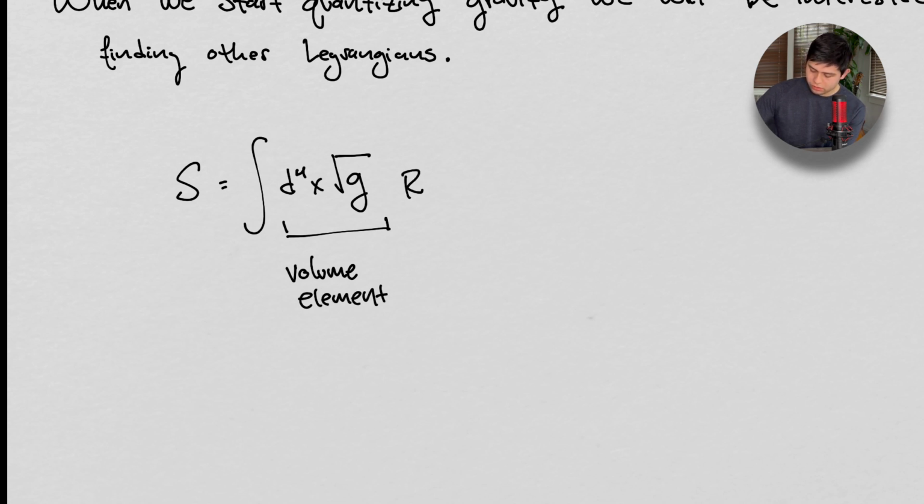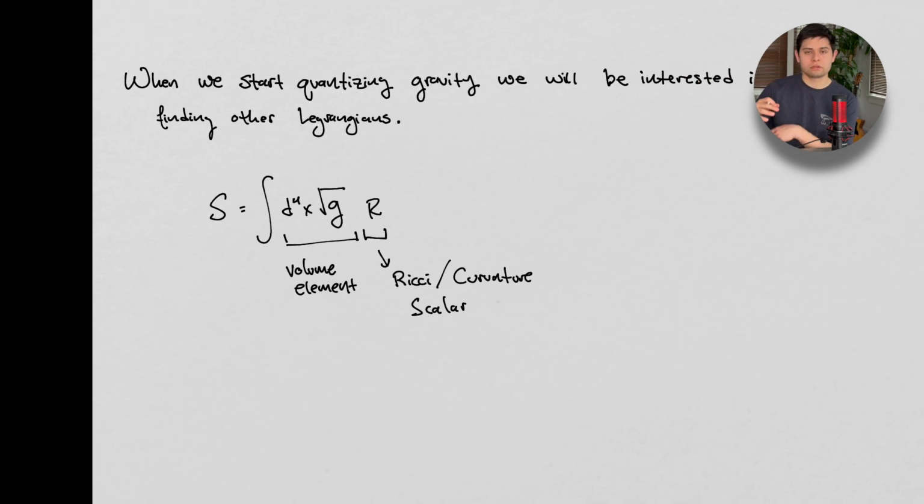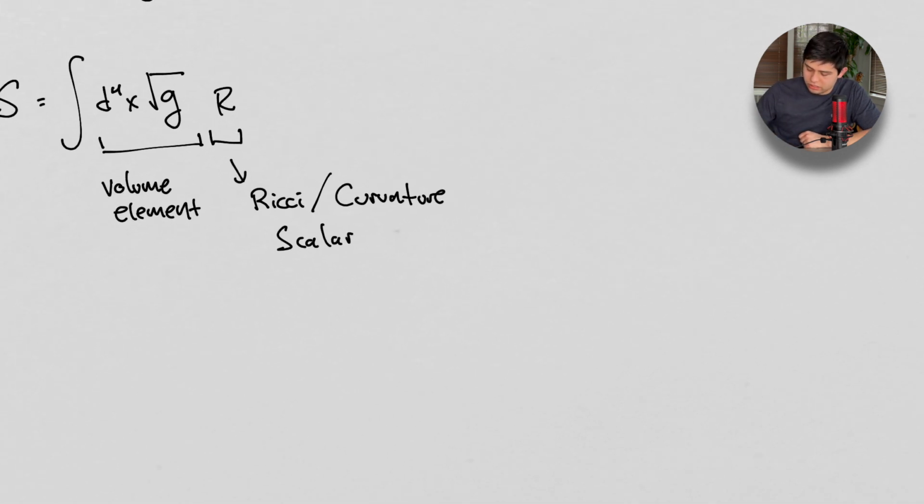We'll describe why this is a volume element. And then R. R is the Ricci or curvature scalar. And it tells us something about what volumes are like in curved spacetime, okay? Or how they deviate from flatness.